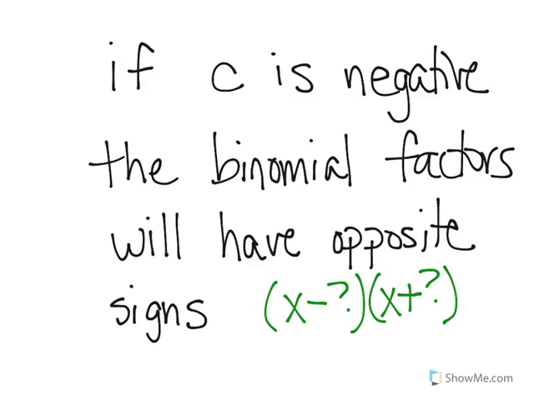Because the binomials are creating a product, multiplication is commutative, so it doesn't matter if we put the negative sign in the front or in the back factor.